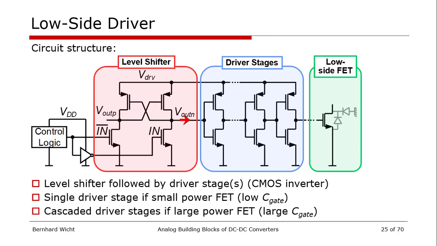And so this is brought to the actual driver, which is formed by an odd number of inverters, CMOS inverters. So if we have a 0 at the input, we get a 1 at the output, and we turn on the low side transistor. So for small power transistors, it would be sufficient to use just 1 inverter. If the transistor is larger and we want to drive it fast, then we want to use multiple stages.